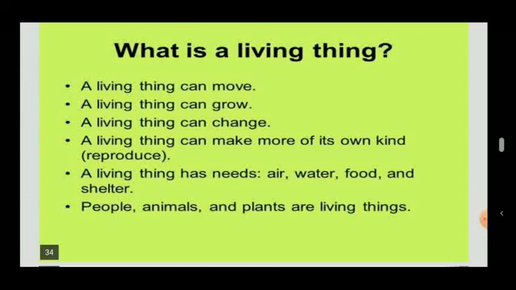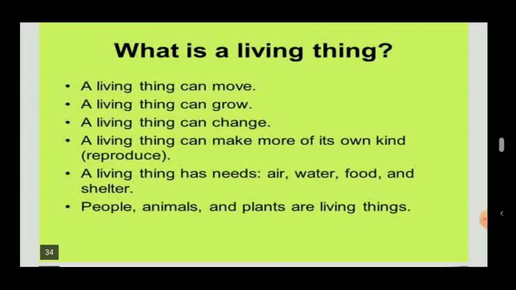We see the picture of a plant which grows from seeds and becomes a big tree, like when a mango tree is planted, it is small, but after many years it becomes a big tree. So a living thing can grow and change.